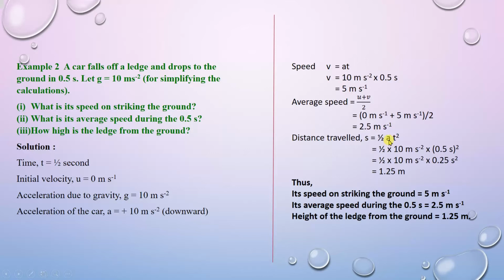Here a is g, that is 10, and t is 0.5. After solving, we get the distance as 1.25, and this distance is actually the height. So s equals h. So the height of the ledge is 1.25 meter. Hope it's clear. Let's take another example.